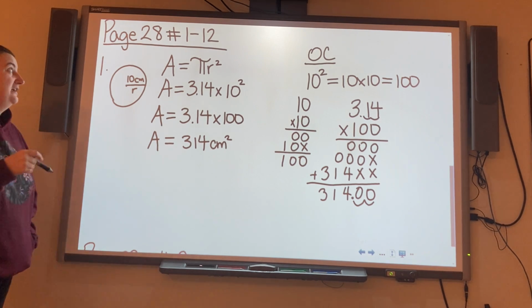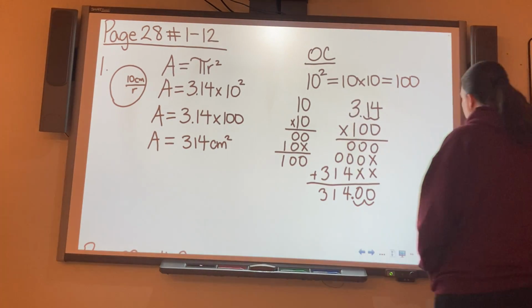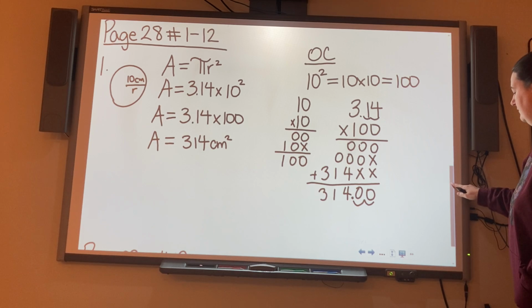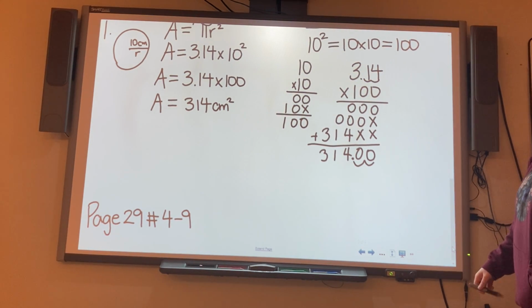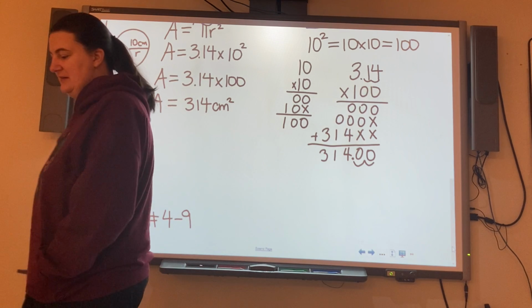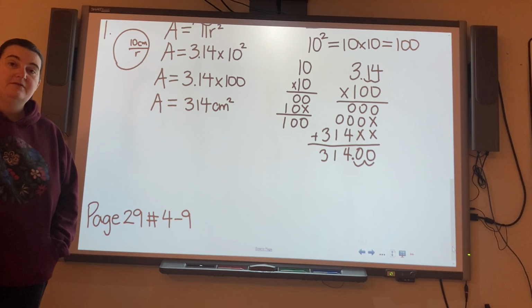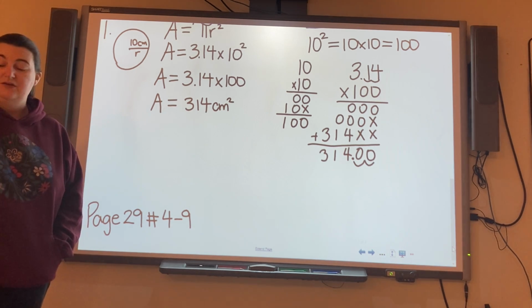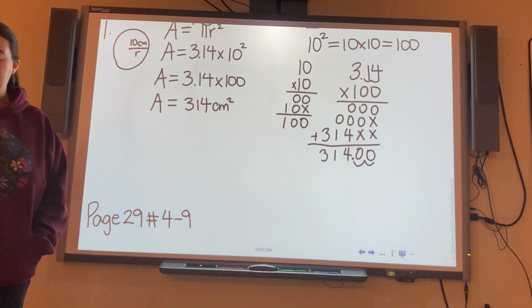So, on page 28, you've got numbers 1 to 12. And then, you've also got page 29, numbers 4 to 9. Please remember, take a look real quick on page 28. Number 4 and number 5, both of them are diameters. So you have to divide that diameter by 2 to get the radius.